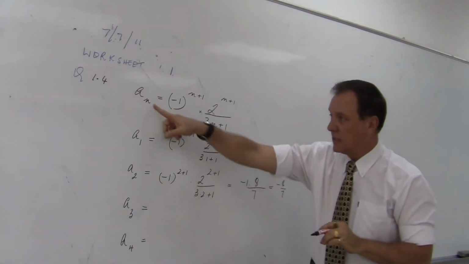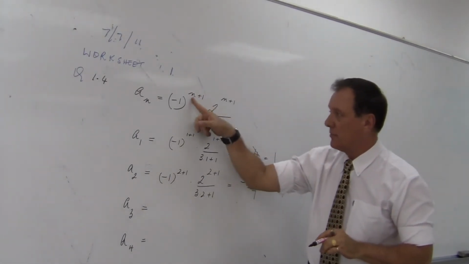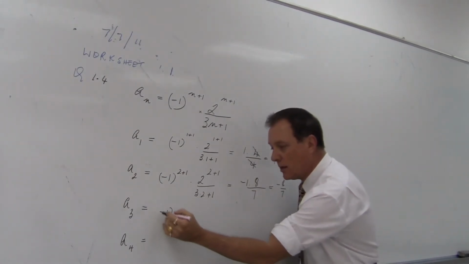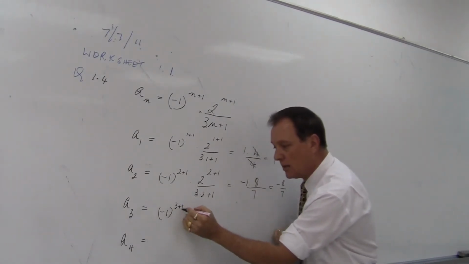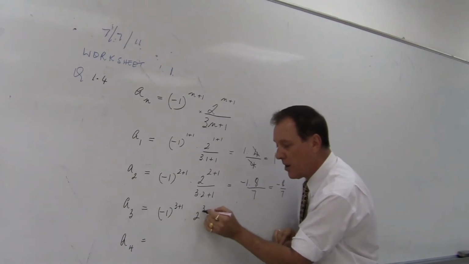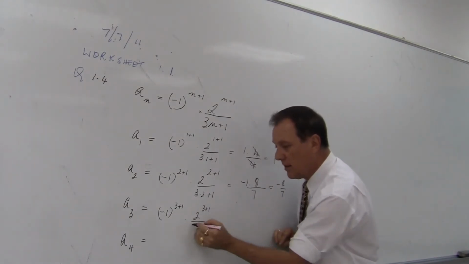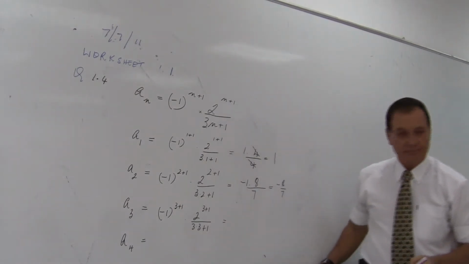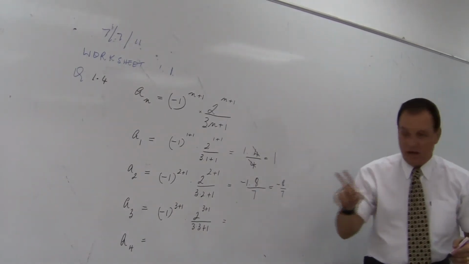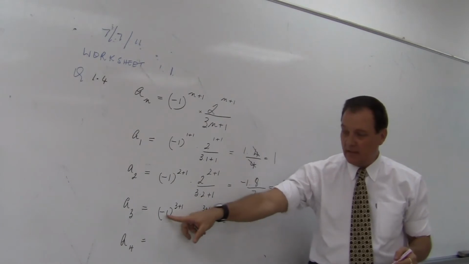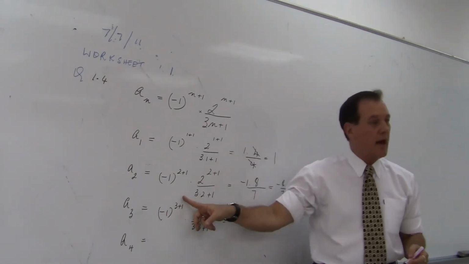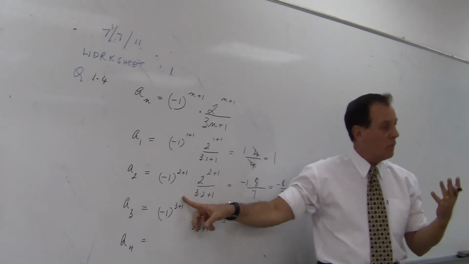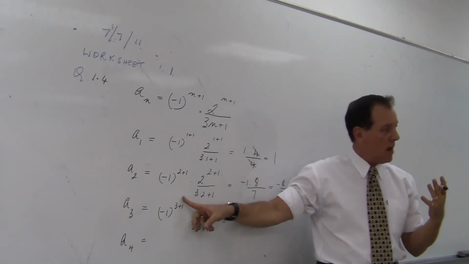The next one. n gets replaced by 3 this time, 3 here, 3 here, 3 here. Here we go. -1 to the power of 3 plus 1, 2 to the power of 3 plus 1, and 3 times 3 plus 1. This time, 3 plus 1 is even. We've got -1 raised to an even power, it must be plus 1. -1 to the 4th power will be plus 1.